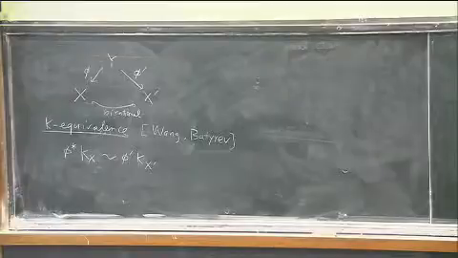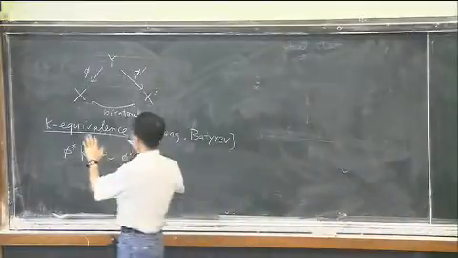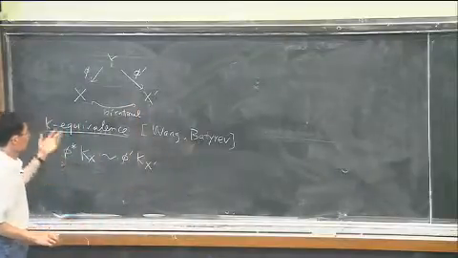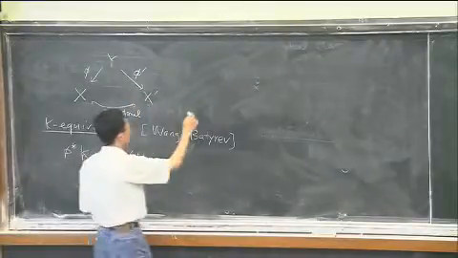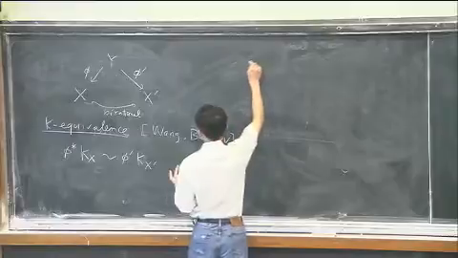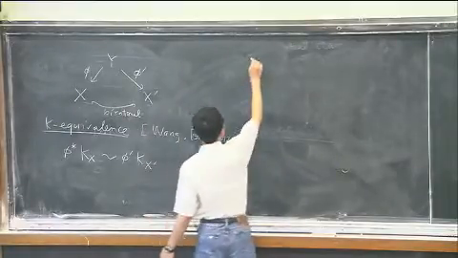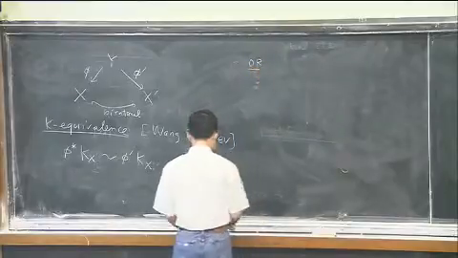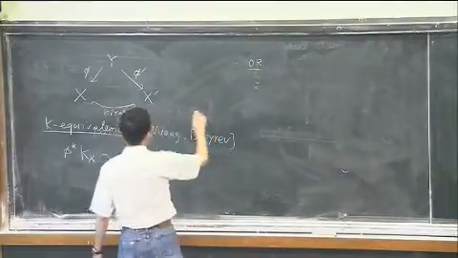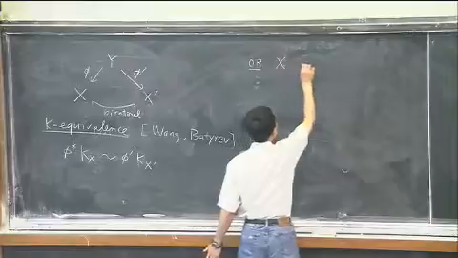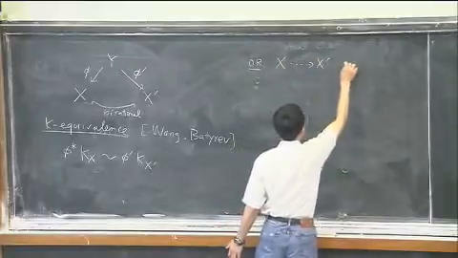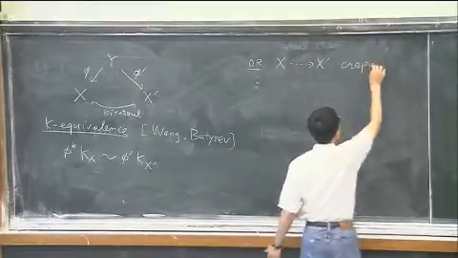Questions? So if you want to say X and X prime are K-equivalent, or if you want to emphasize that you're going from one to the other, this X to X prime is a crepant transformation.